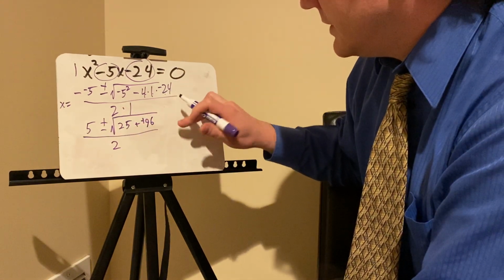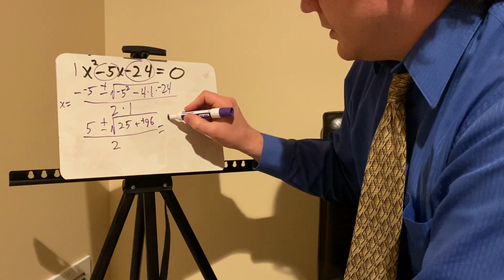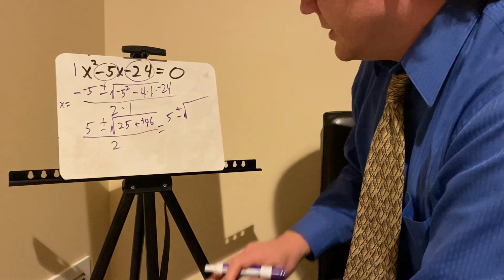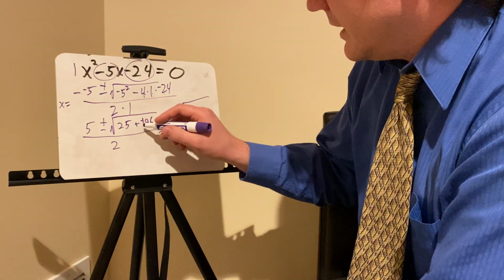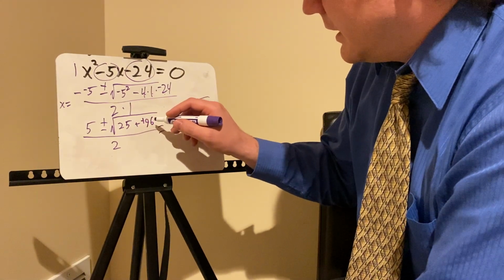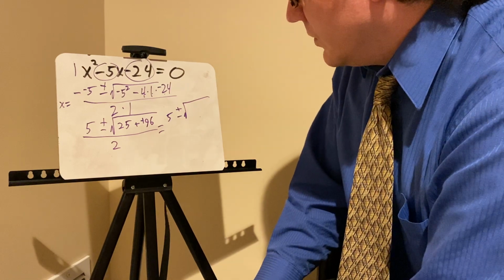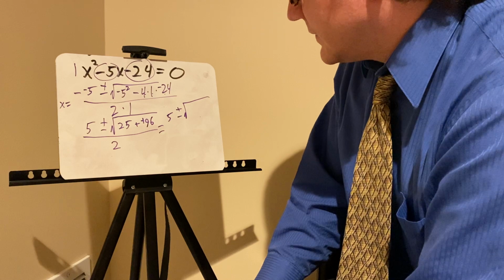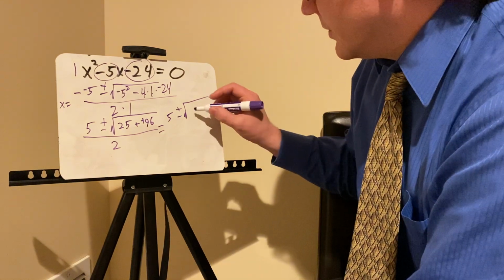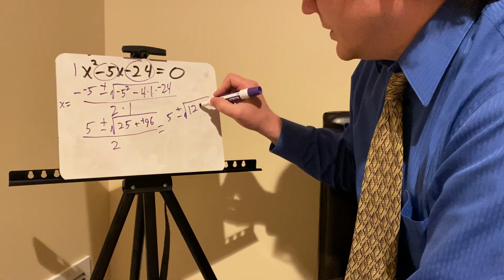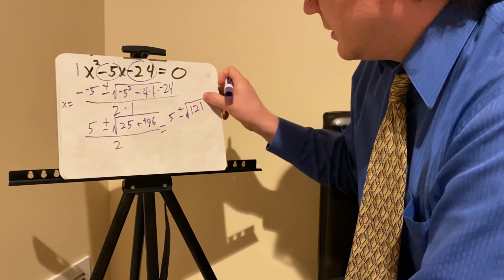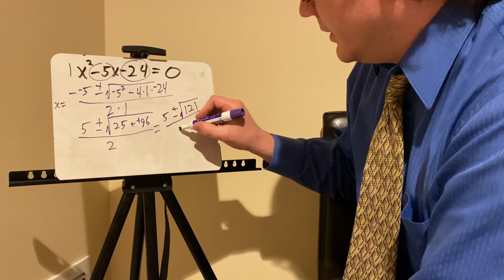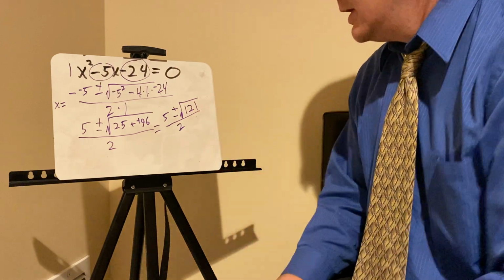So this equals 5 plus or minus the square root of 25 plus 96, which is 121, all over 2.